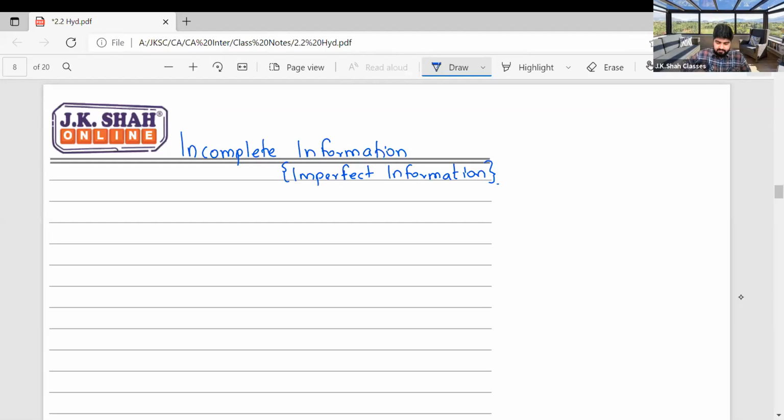Two names we are having, but the meaning is the same. In imperfect information, it means wrong information is being passed. Now it can be from either seller to buyer, or it can also be from buyer to seller. Do you agree to this?